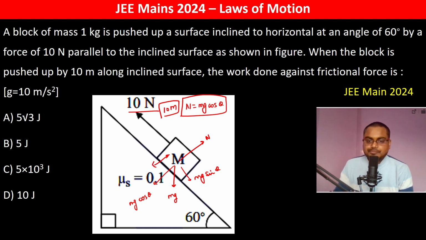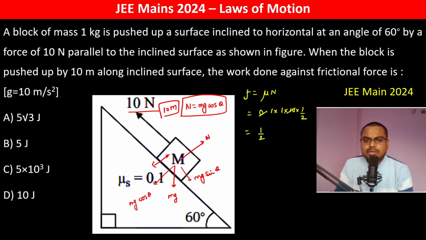So now we have friction equal to mu into N, क्योंकि वो मूव कर रहा है, so therefore it's going to be kinetic friction and it's going to be constant.